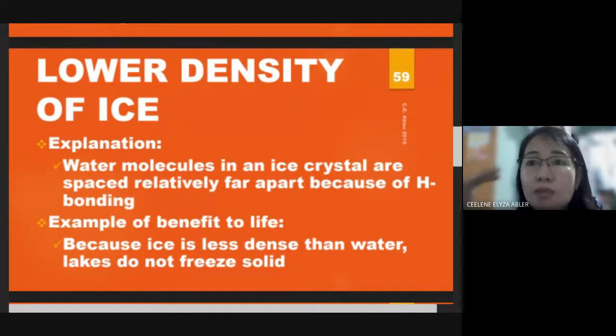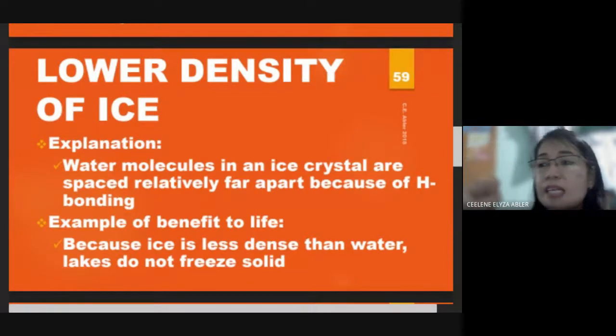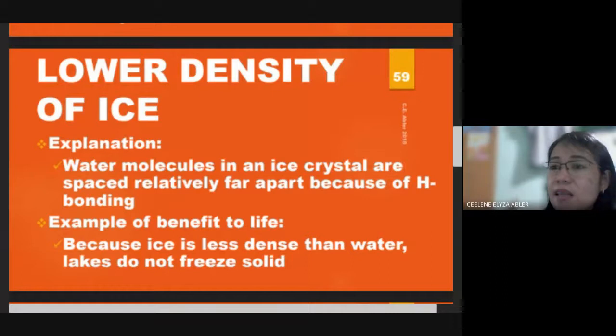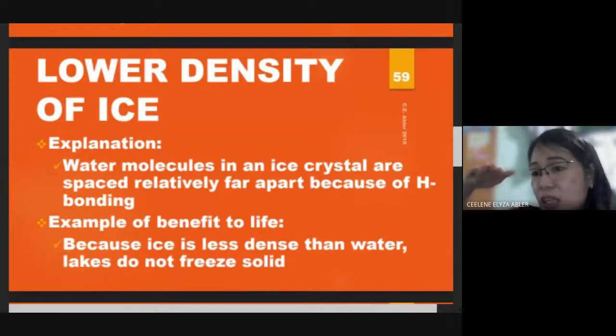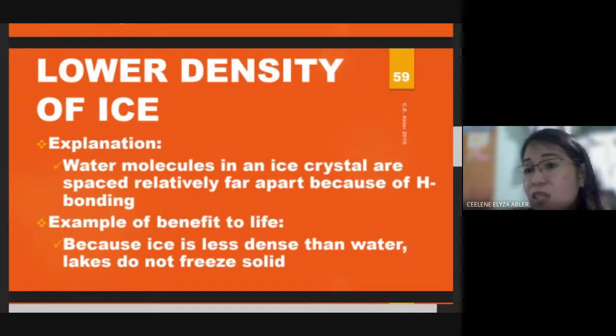Kaya nga useful siya in ecosystems that actually have 4 seasons, like they have winter. Kasi hindi nagpa-freeze ang entire na bodies of water that have fishes or plant or algae, or your planktons doon sa like lakes. So hindi siya doon entire na lake ang mag-freeze, doon lang sa ibabaw.